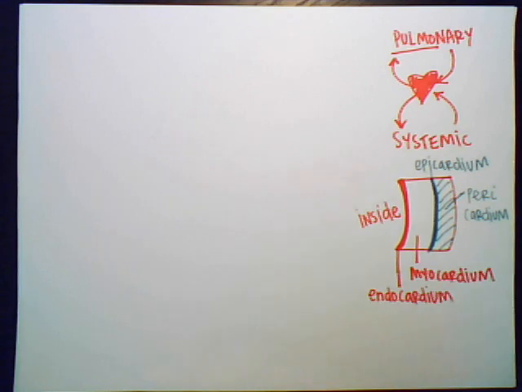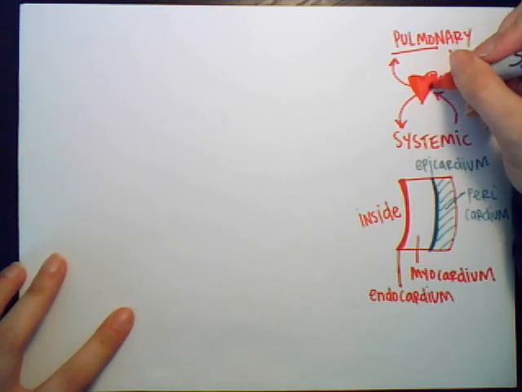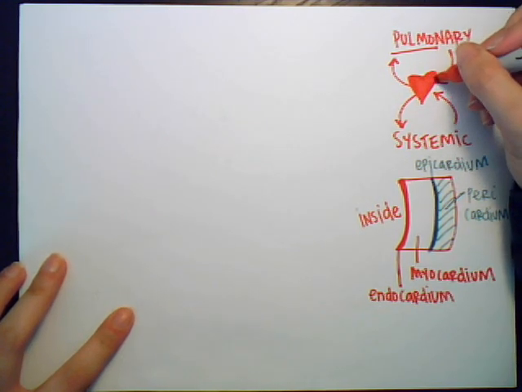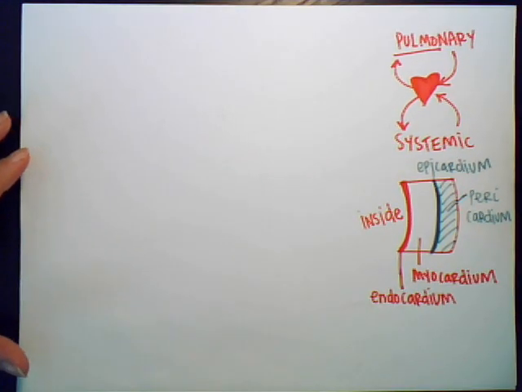So now I want to cover the different chambers of the heart, and then we can follow the path that blood would take. When you look at an actual heart, if you're taking anatomy and you're looking at a pig's heart, it's a lot different when you look at a model.